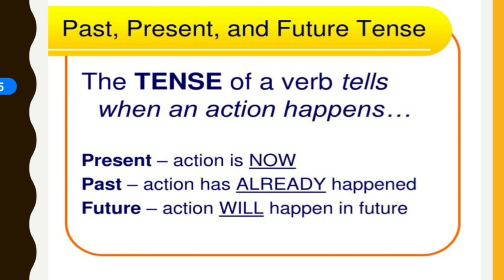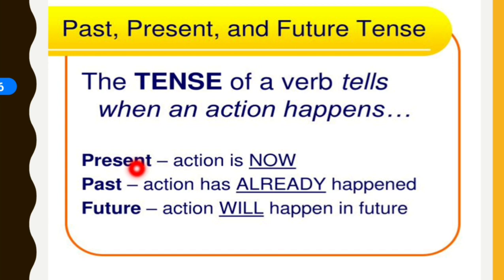Children, the tense of a verb tells when an action happens. That means, after reading a sentence in a given tense, we can get to know when the action took place. If the sentence given to us is in present tense, that means the action is now, in the time that is going on.